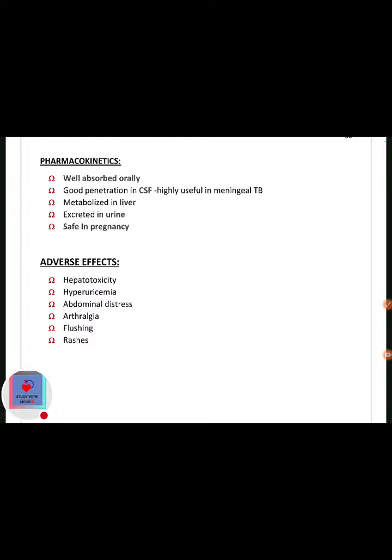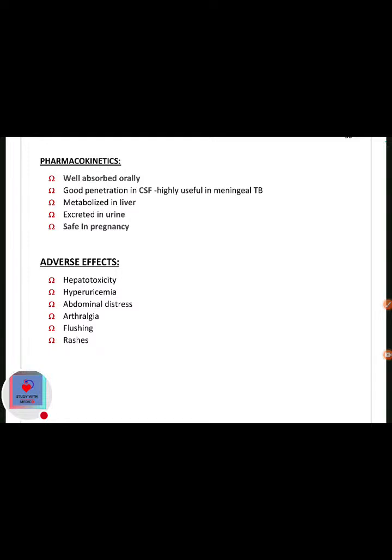Adverse effects of pyrazinamide. Liver problems, joint pain, arthralgia, skin rash, nausea, vomiting, fever.